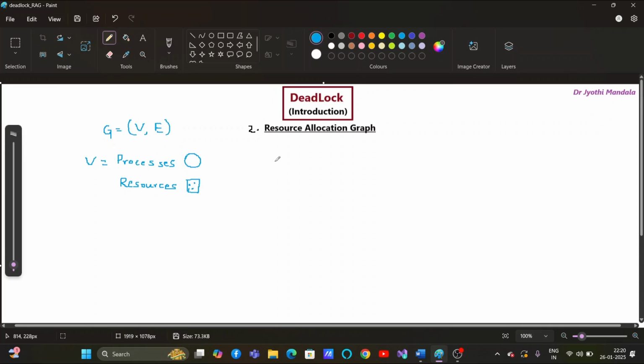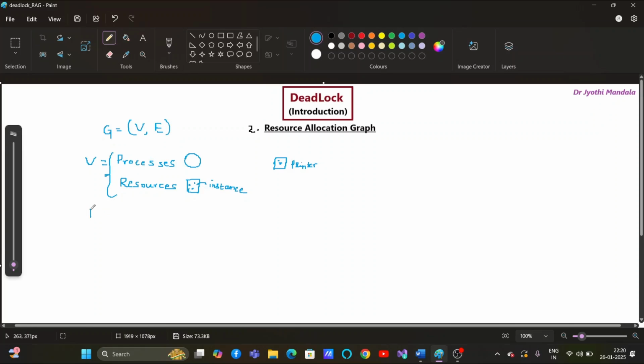Let us consider you have the resource printer. If you have one dot, then you have one printer only. Suppose you want to have two printers, then you need to represent it with two dots. So dots represent the instances of the resources. Got it? So your vertices are your processes and resources.